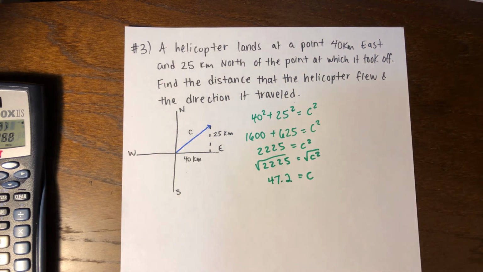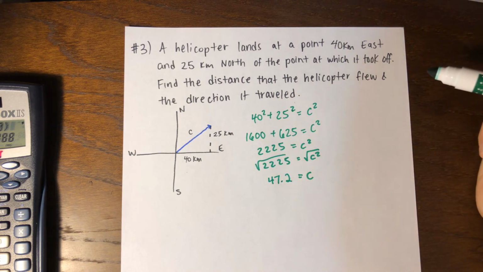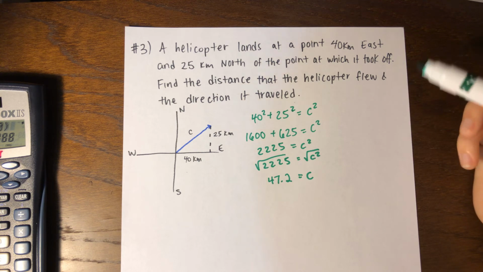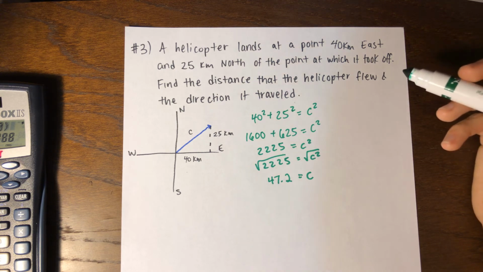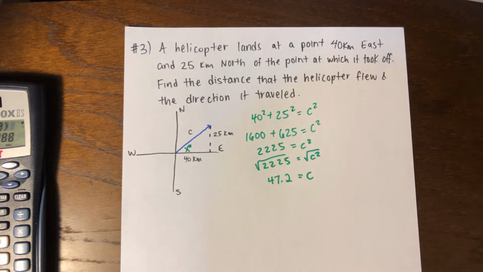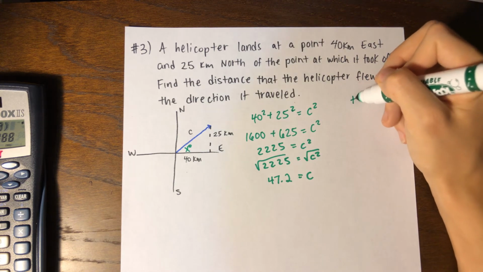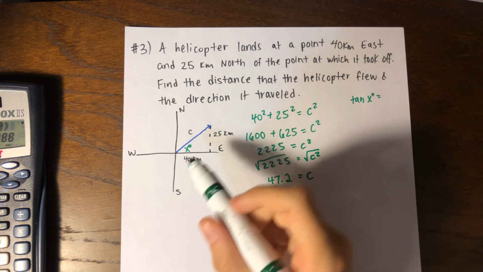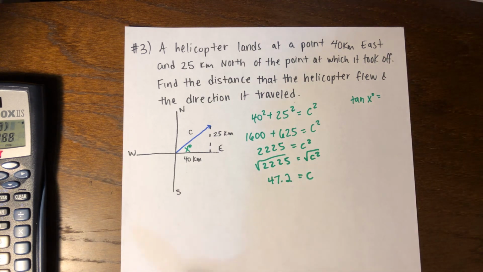Okay? So we have c, but we need to know the distance it traveled and the direction. So we have the distance traveled, and now we need a direction. So we're solving for what? We need to have this x degree. We're missing that. Okay? So I have tan of x is going to be equal to, right? This is opposite over adjacent.